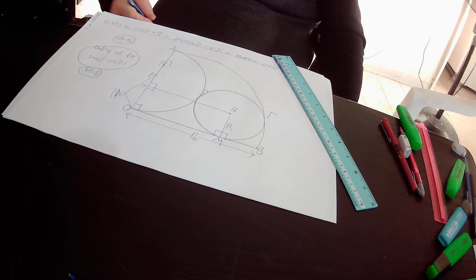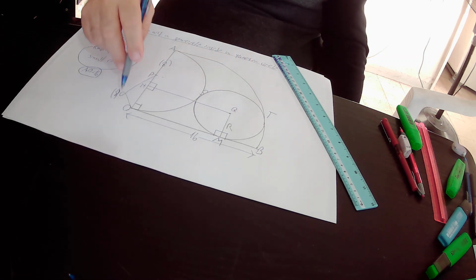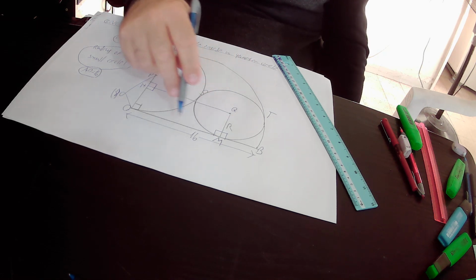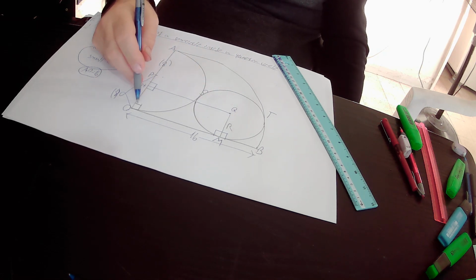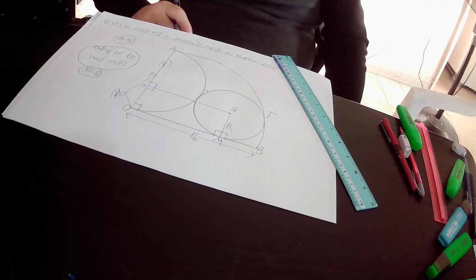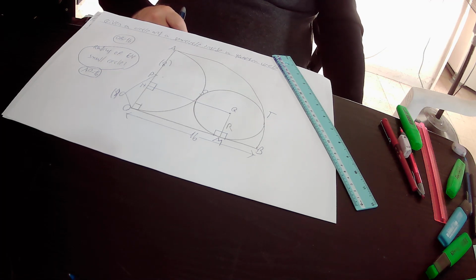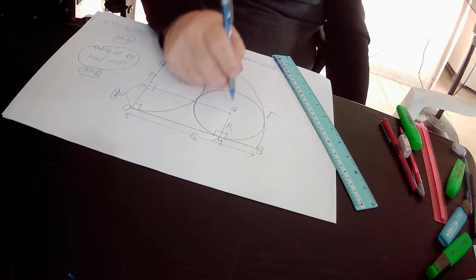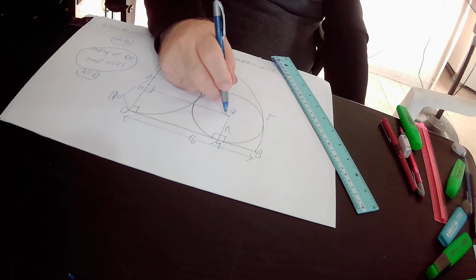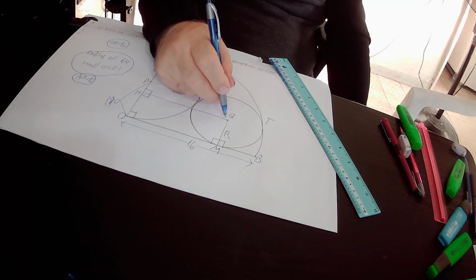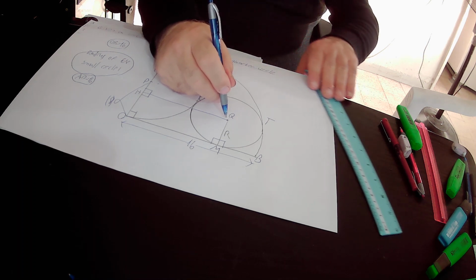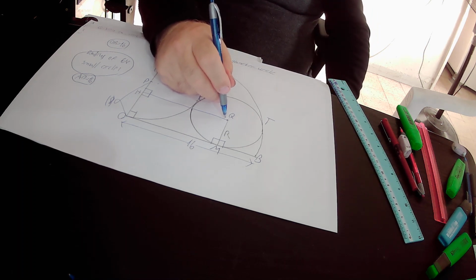So here we have quadrilateral QMOH. Inside this quadrilateral QMOH we have 1, 2, 3 right angles. The sum of 3 right angles is 270 degrees. So 270 degrees plus the size of this fourth missing angle, in total they must be equal to 360 degrees, according to the rule that the sum of the angles in any quadrilateral is equal to 360 degrees.